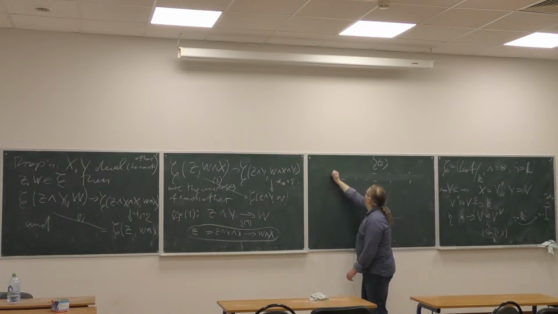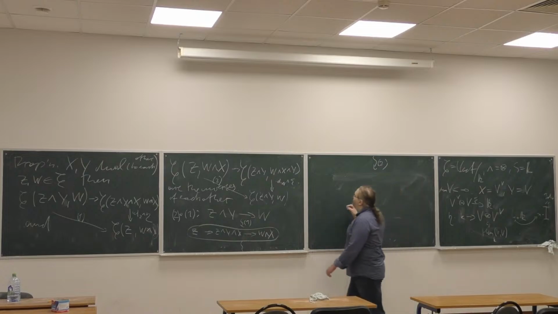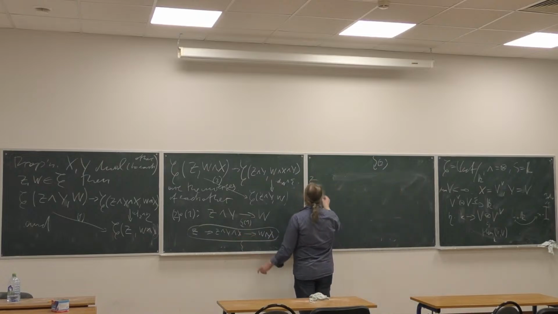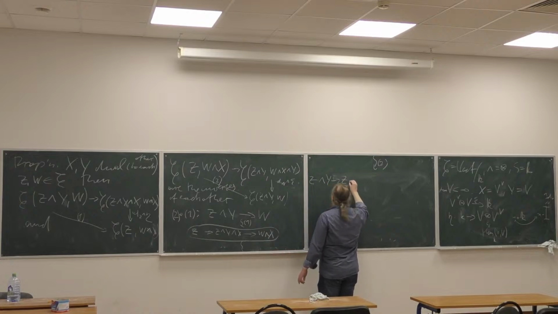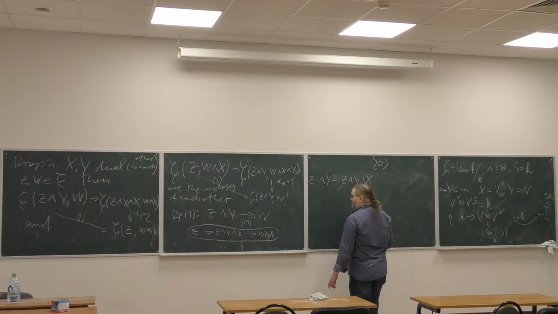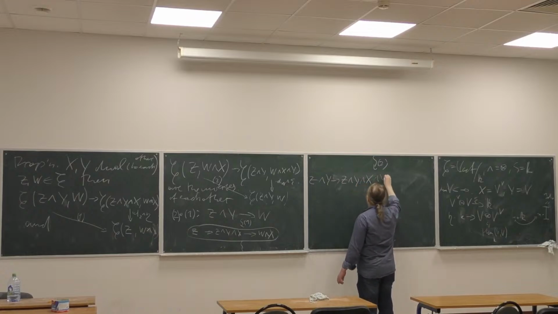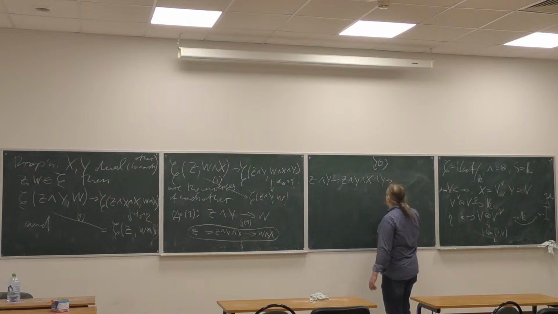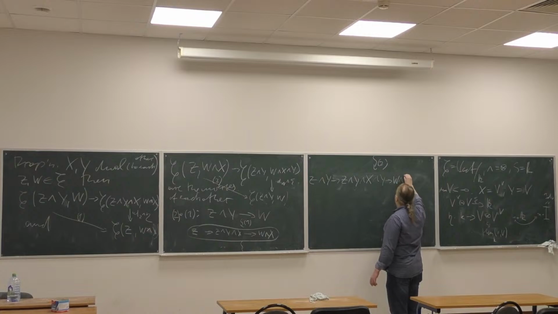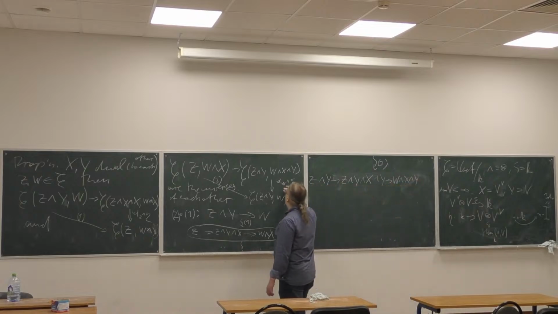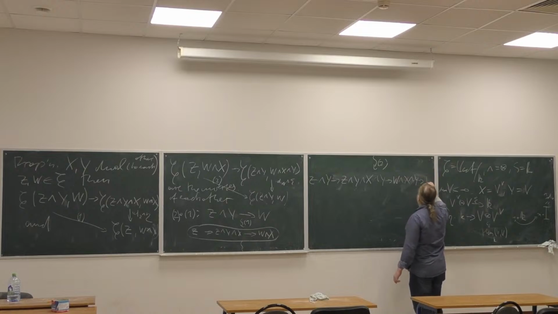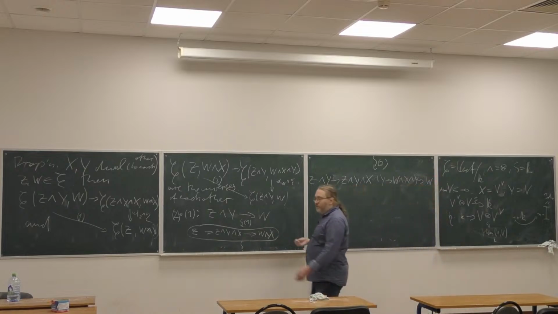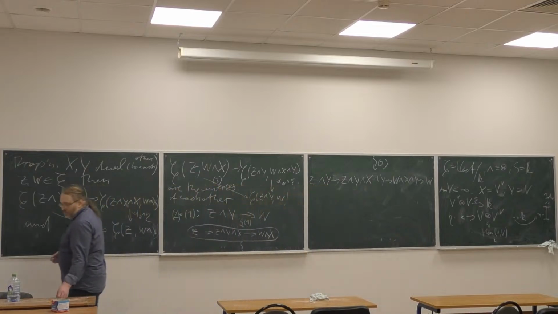Okay, let me write it on the left. So we start with z tensor y, goes to z tensor y tensor x tensor y, goes to w tensor x tensor y, and then we post compose with the evaluation map, and we end up in W.